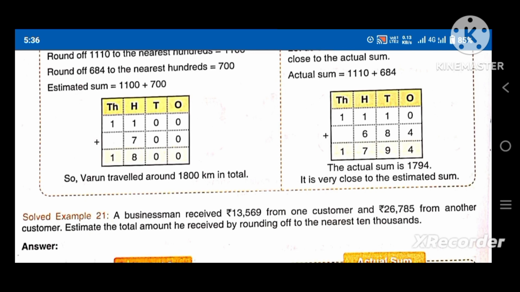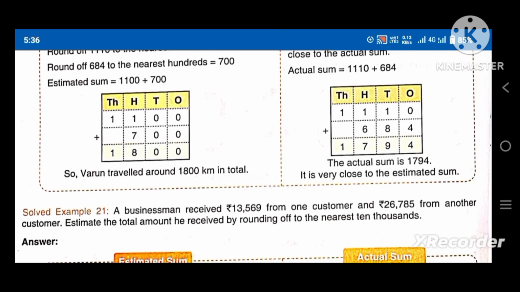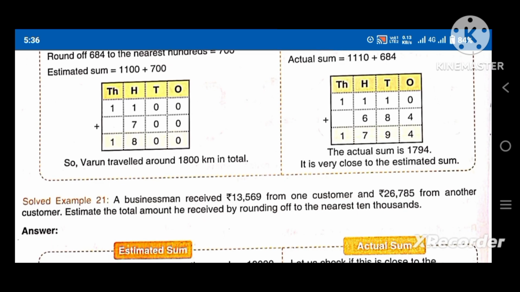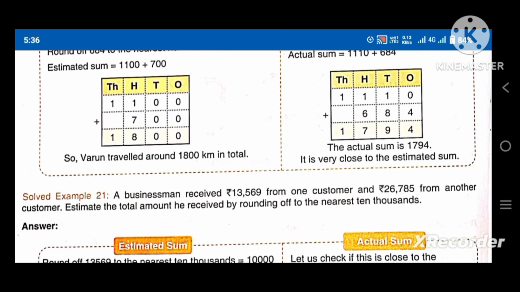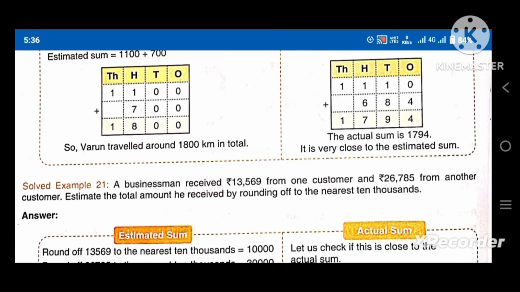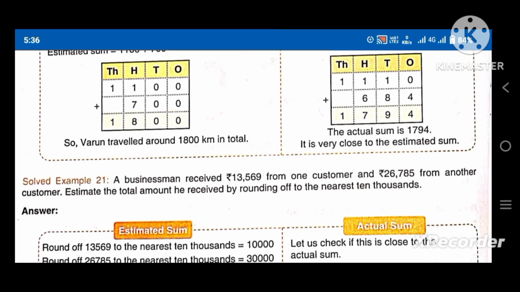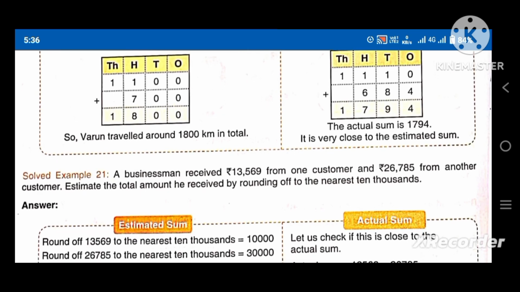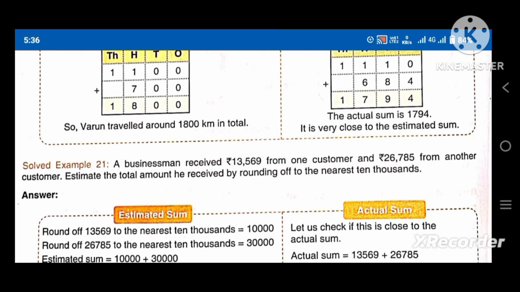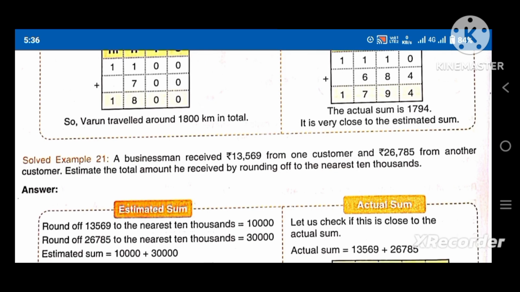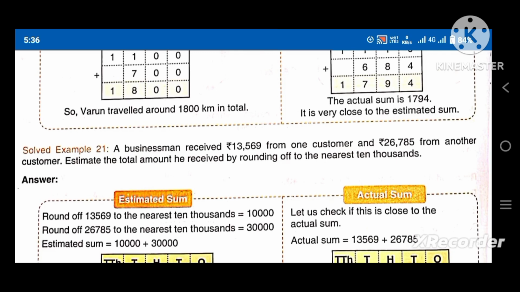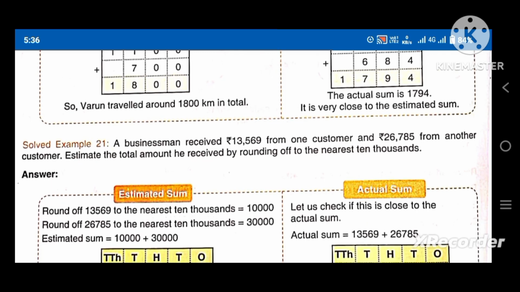Solved example 21. A businessman received rupees 13,569 from one customer and 26,785 from another customer. Estimate the total amount he received by rounding off to the nearest 10,000s. Answer. Estimated sum: round off 13,569 to the nearest 10,000s is equal to 10,000. Round off 26,785 to the nearest 10,000s is equal to 30,000.